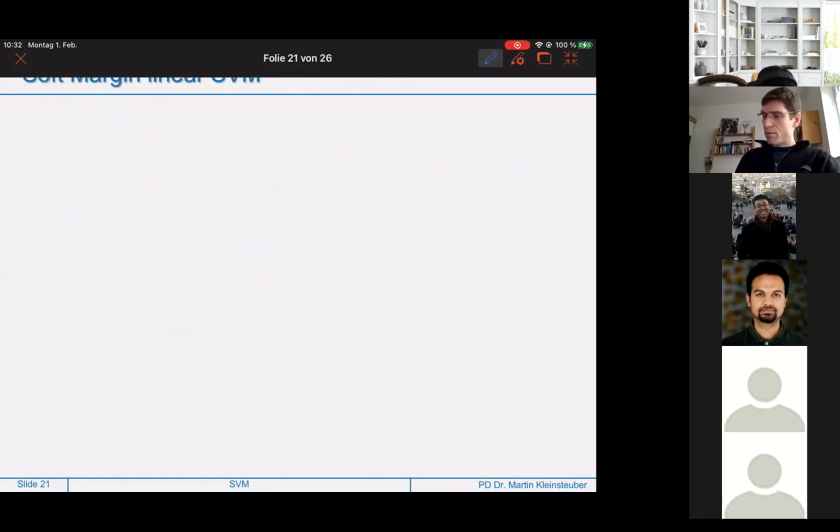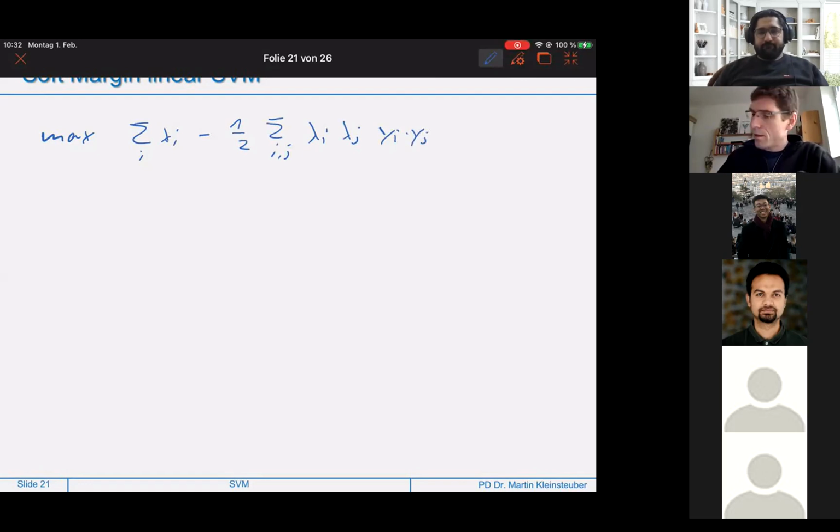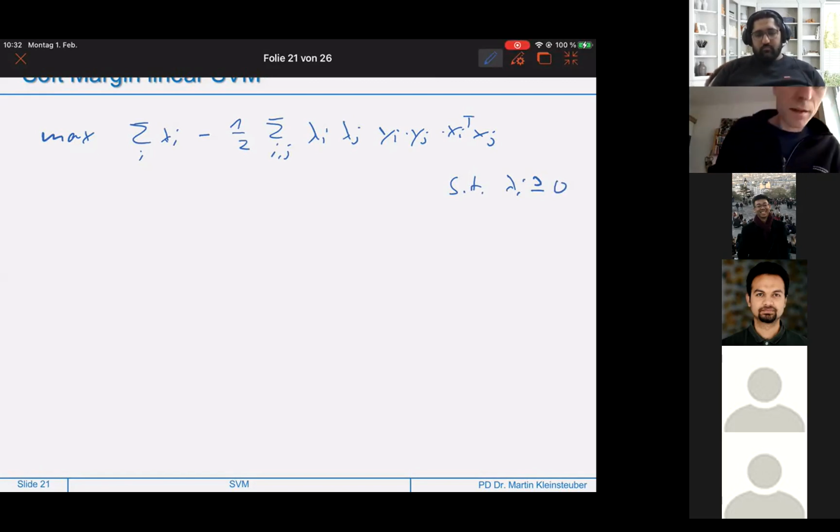So that means we want to maximize the sum over i of lambda i minus 1/2 the sum over i,j of lambda i times lambda j times yi times yj times xi transpose xj, subject to the lambda i's being non-negative, and we can write that in matrix form.